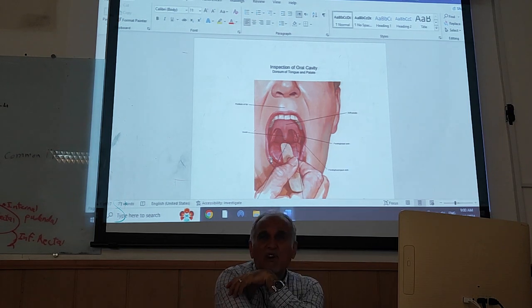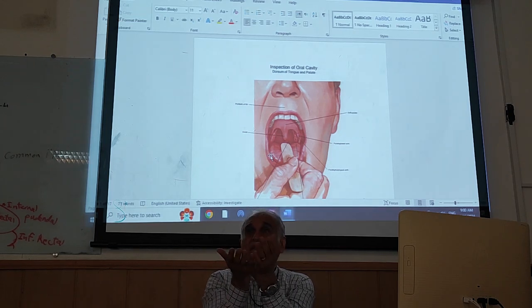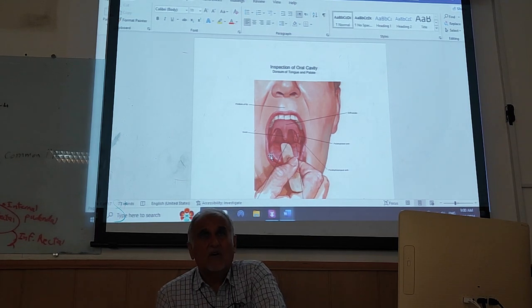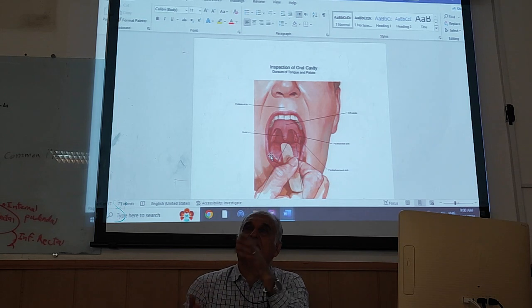But the floor of this oral cavity is made by muscles, mylohyoid, geniohyoid. Did you pass the cervical, head and neck? Okay, they will discuss this in the future.